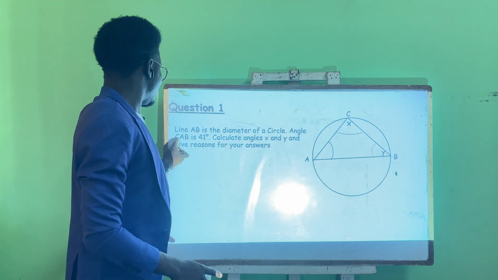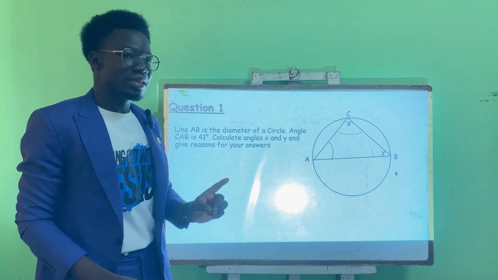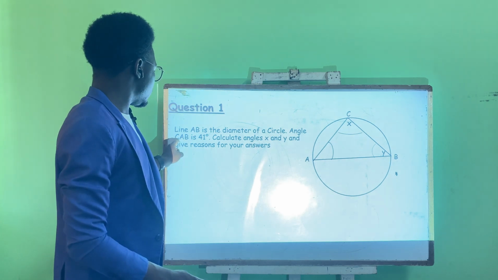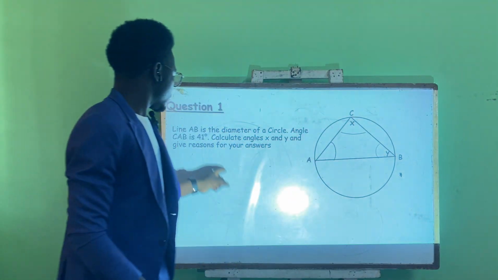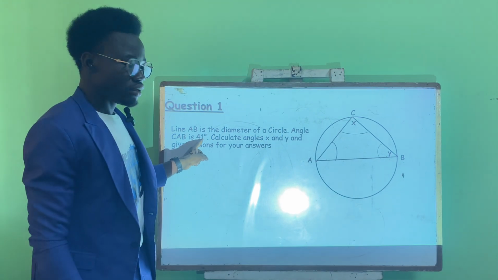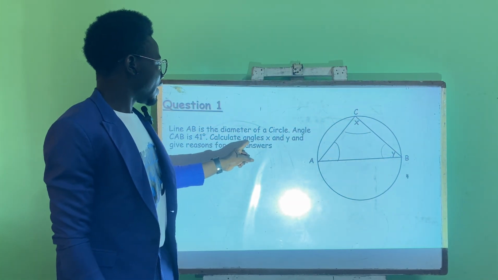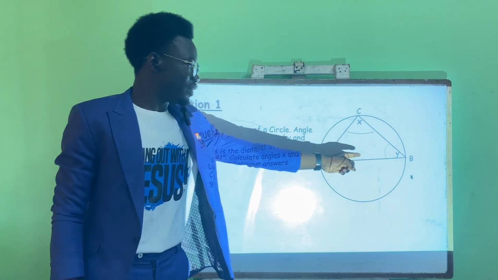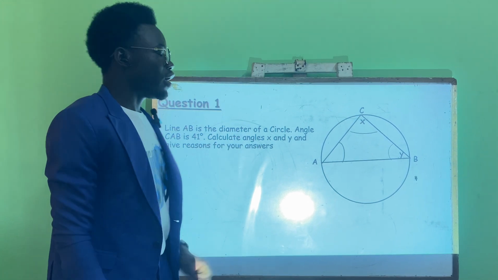So the angle CAB, where the middle letter is where the angle is. CAB is 41 degrees, so this angle here is 41 degrees. Now calculate angles X and Y, and give reasons for your answers.